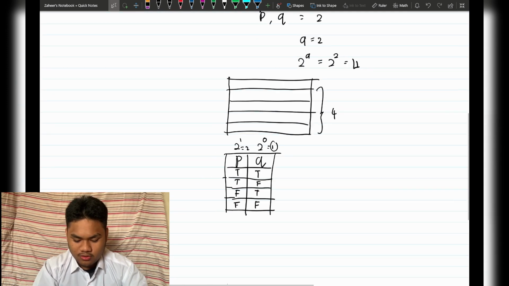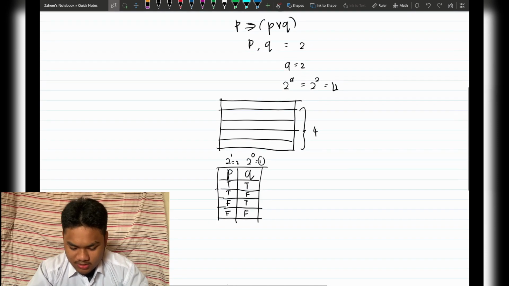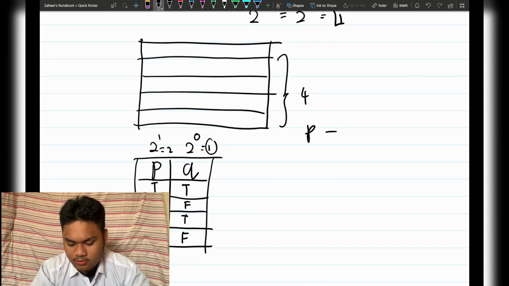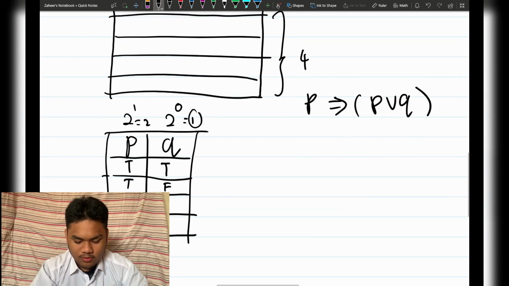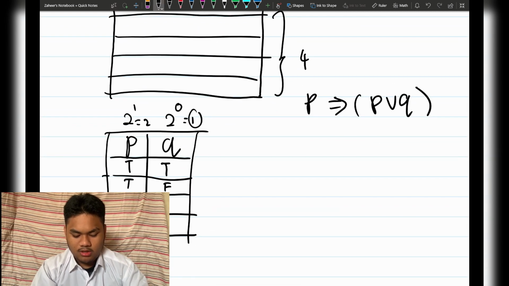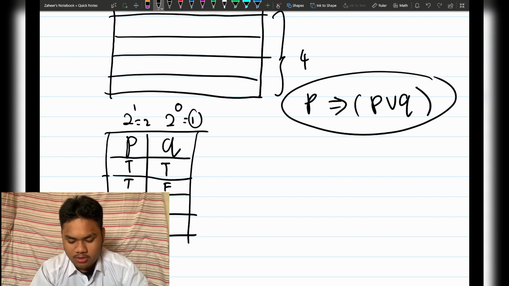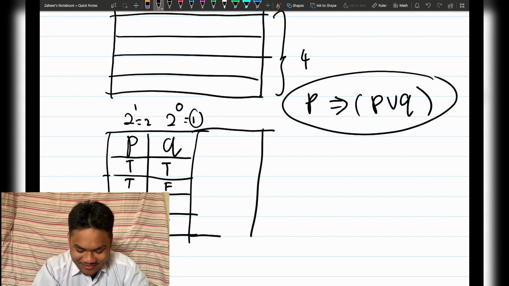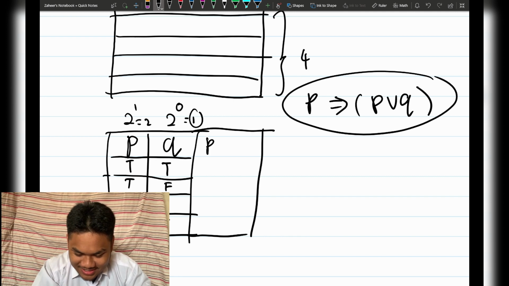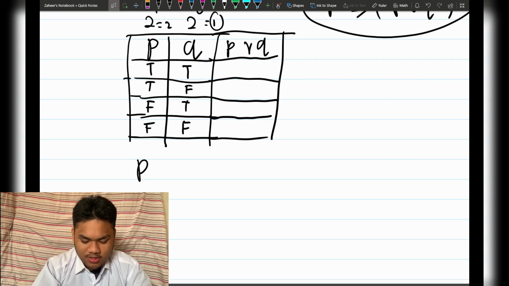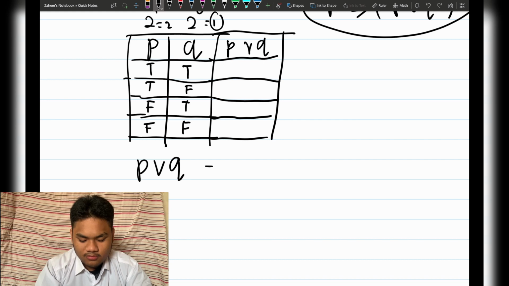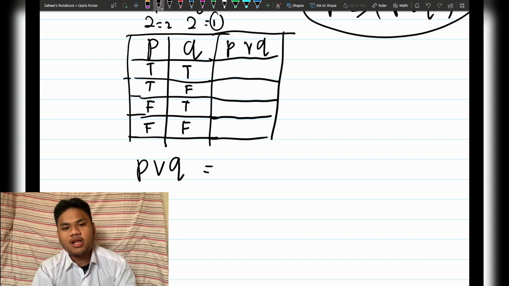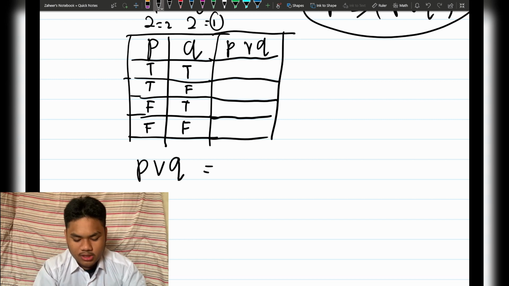Next, we look at our example, which is P implies P or Q. After we put P and Q, we look at our statement, which is P or Q. For P or Q, if one of the variables is true, the conclusion is automatically true.